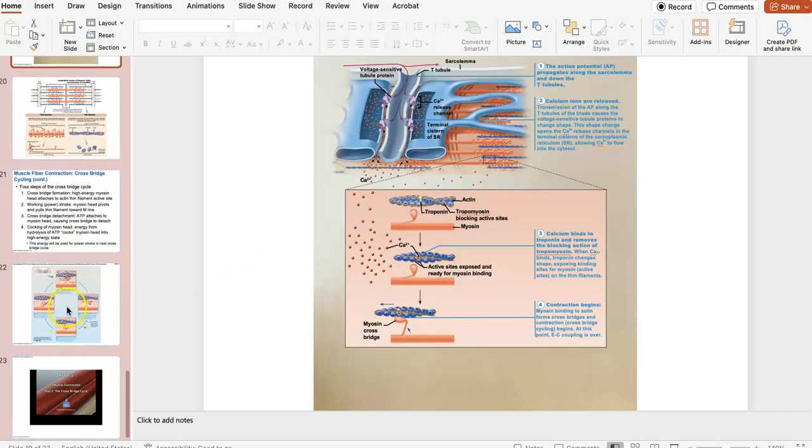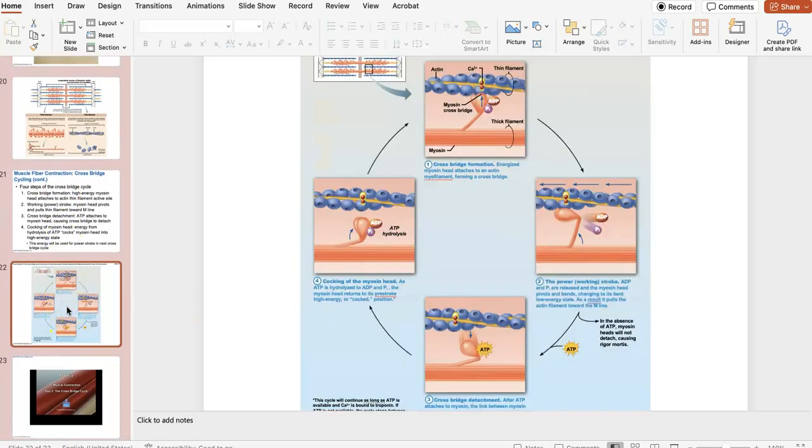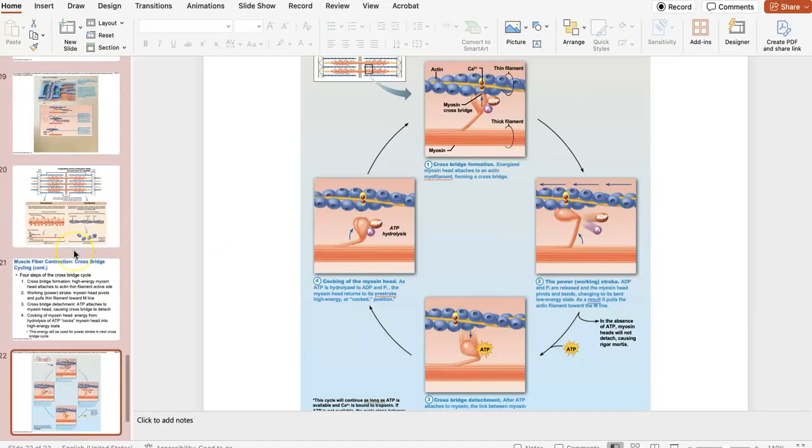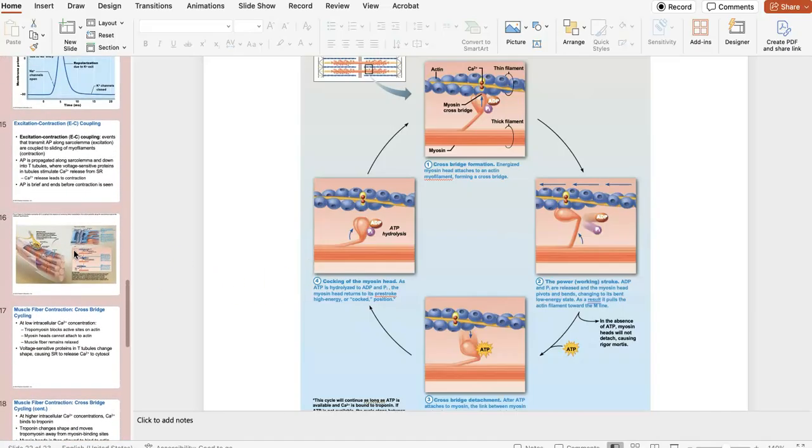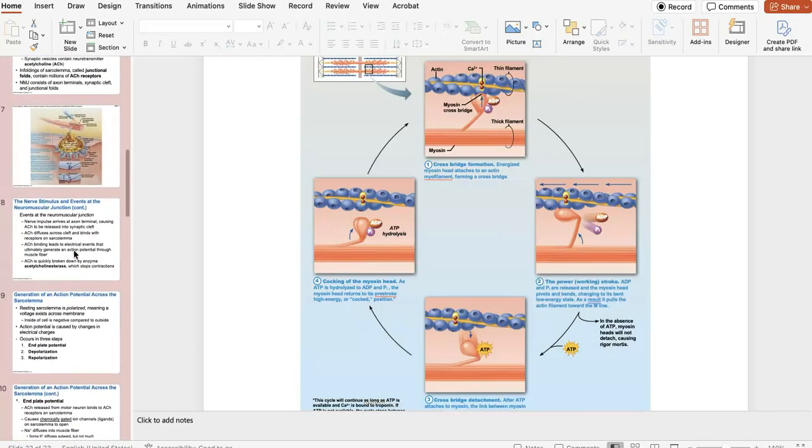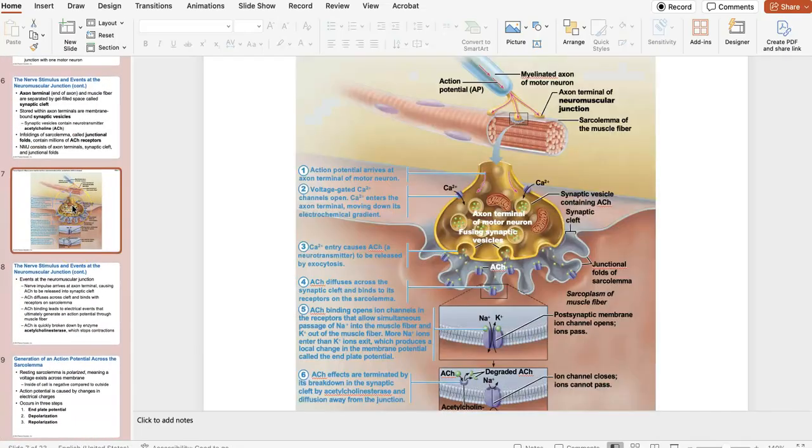So let's go over here to something called the cross bridge cycle. Now, I don't ever start at number 1. I usually start right here. And let me give you a suggestion.